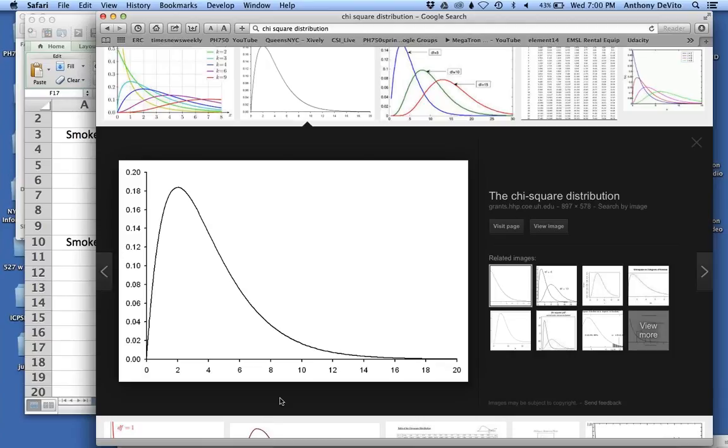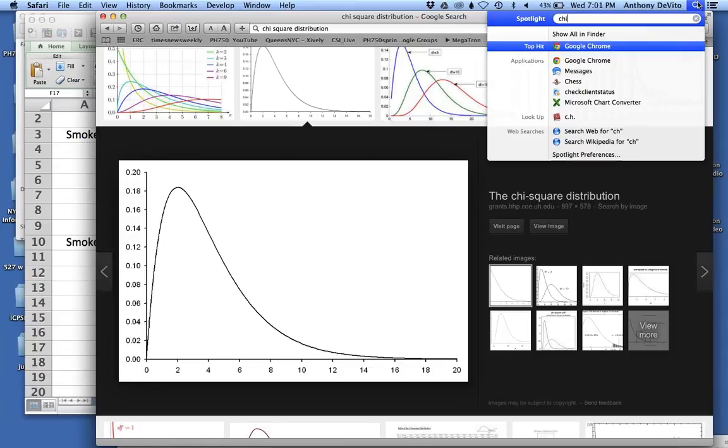How do we get to that? We say the rows minus 1 times the columns minus 1. 2 rows minus 1 is 1. 2 columns minus 1 is 1. 1 times 1 is 1. That's 1 degree of freedom. So we want to use a distribution where the numbers represent the outcomes we would expect for a 2 by 2 table, or 1 degree of freedom.